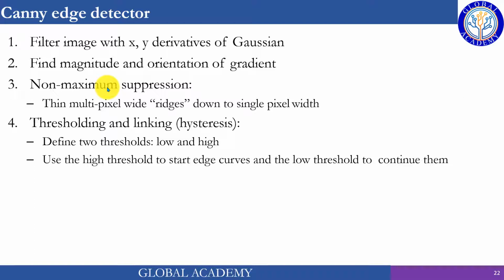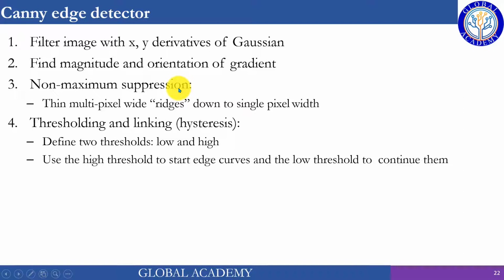So we can make an idea using direction of gradient, that where the gradient is pointing, and then in that direction if the value of magnitude of gradient is lesser than the pixel under consideration, then we can skip that pixel.